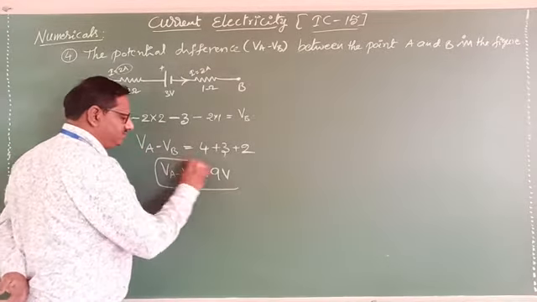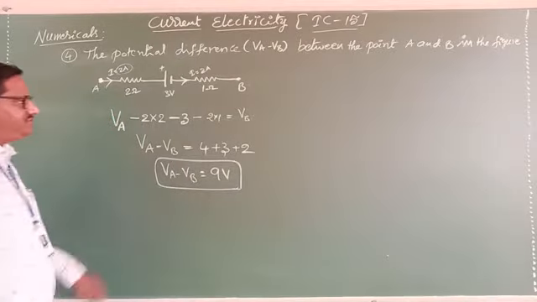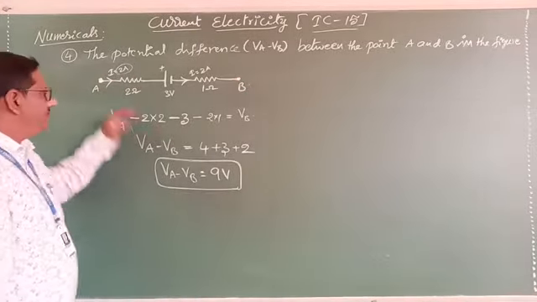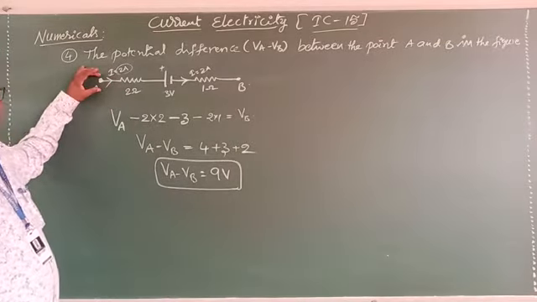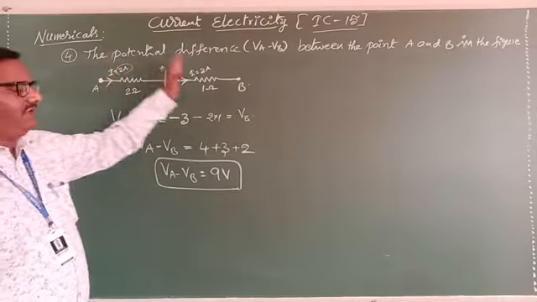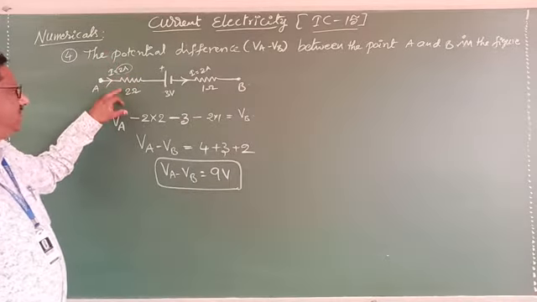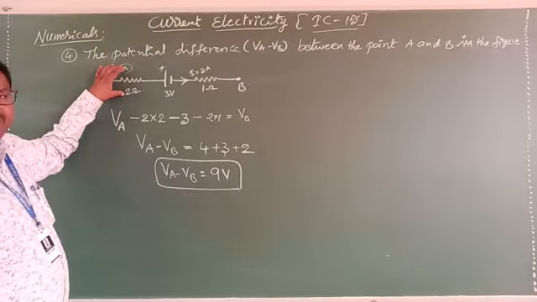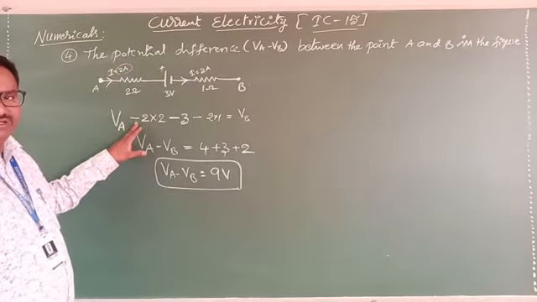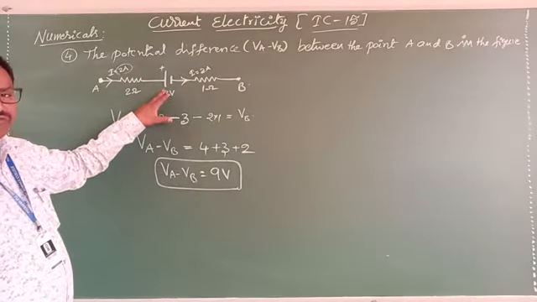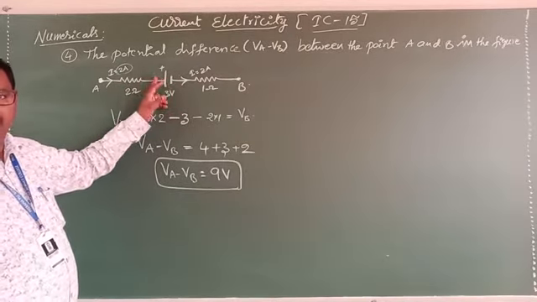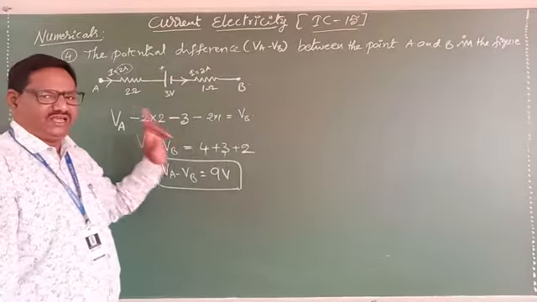So VA minus VB is equal to 9 volts. Clear? From which point to which point we want to measure the potential: first we take that potential, and now along the current direction we both move from A to B. If the current is in the same direction along with you, you consider a negative sign. Whichever terminal of the battery the current touches first, consider the opposite sign.